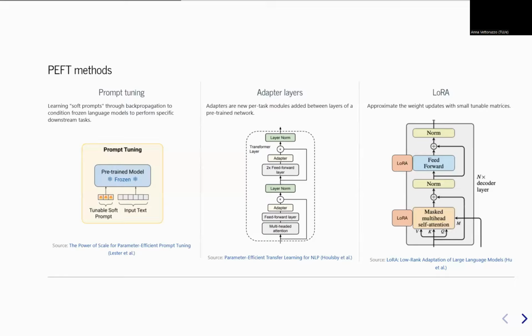For adapter layers, the idea is that we want to add more parameters within the transformer layers that we can fine-tune for specific tasks. But for LoRA, the idea is different. We can approximate the weight updates, so the updates of these huge weight matrices inside our transformer architecture, with some small matrices that we can fine-tune.